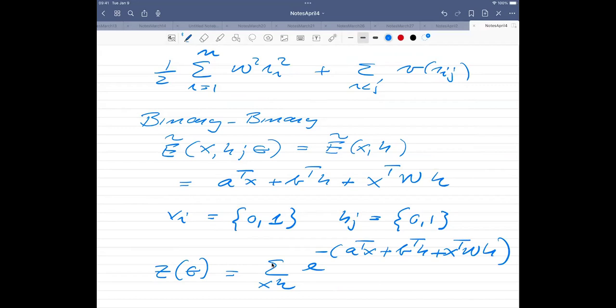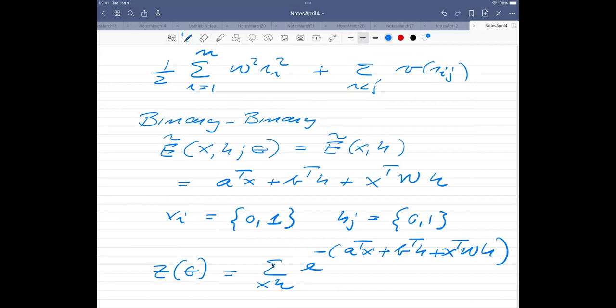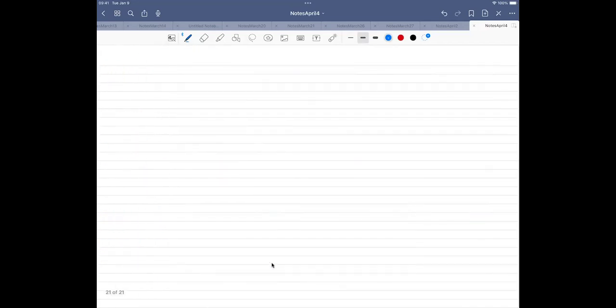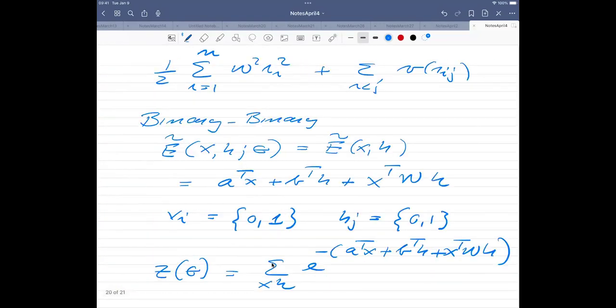So let's continue a little bit with the details here. So what we have is now a term which we want to optimize, and this is the quantity which is the marginal probability. So we are going to have something which is given by 1 over z of theta. And now I'm just going to make a small change here. I'm going to assume that this e has a negative sign.